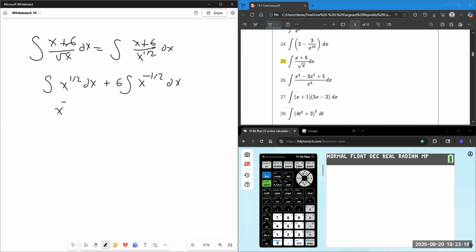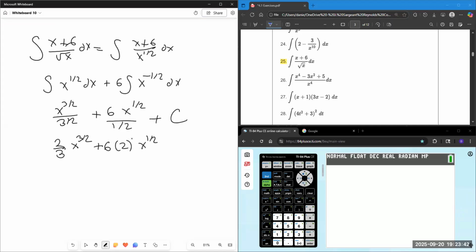Add 1 to my exponent and divide by my new exponent, plus add 1 to my exponent and divide by my new exponent. Add my constant of integration. Change my division of fractions to multiplication by the reciprocal, and simplify.